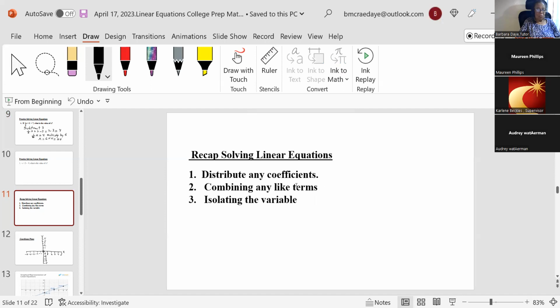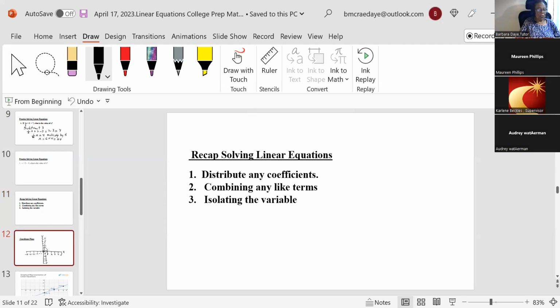The like terms would be the like variables, and the like constants. Then you isolate the variable. That means putting that variable on the left side and then solving for it. Sometimes it's solved when you put it there, but if not, you may have to do the operation to make just the variable appear, not a coefficient of the variable. Questions?